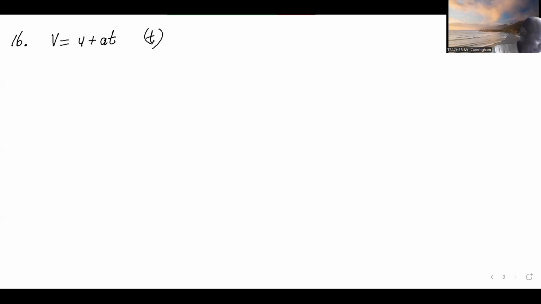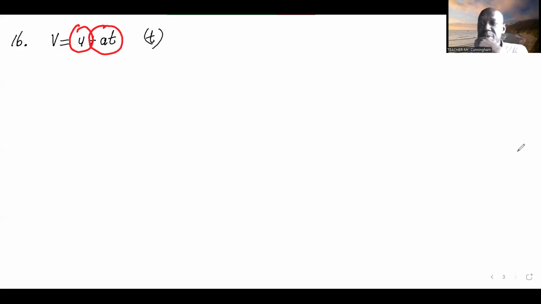So you're going to multiply by U on each side. Divide? Did you say divide? Well, no, you can't divide because this is U plus AT. This is positive U plus AT. So you have 2 things here. You have this U, and then you have this AT.